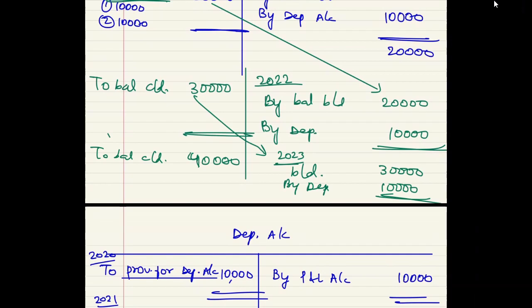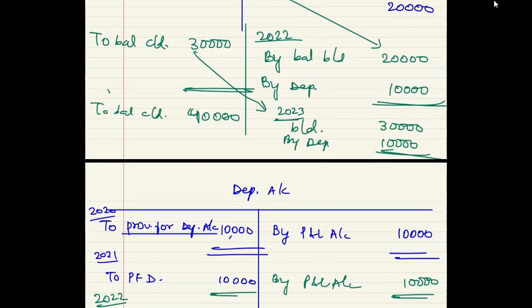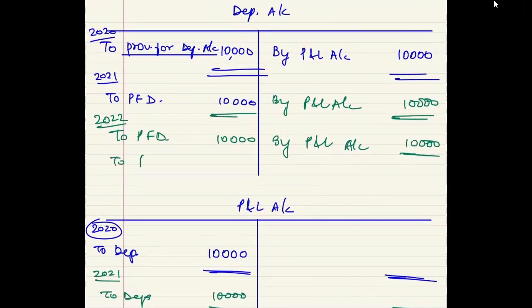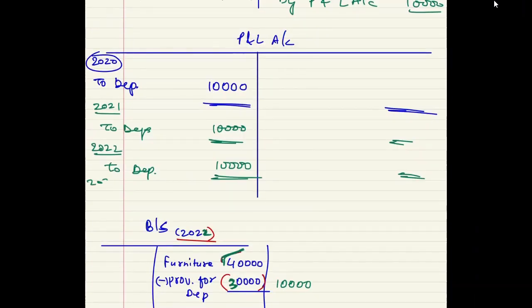We can write it off from the books of accounts. So we will see how we will do it. Here, to provision for depreciation, again 10,000, and it will be transferred to the P&L account, 10,000. In the P&L account 2023, to depreciation 10,000, and it is done.